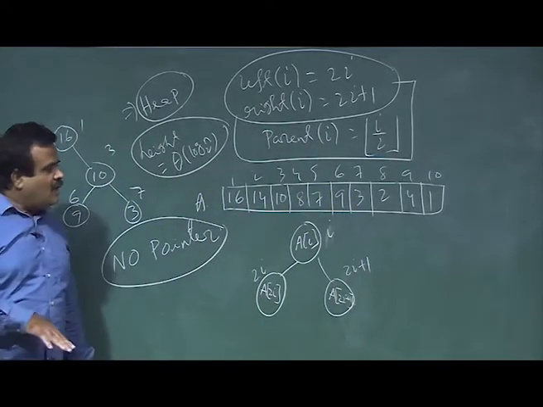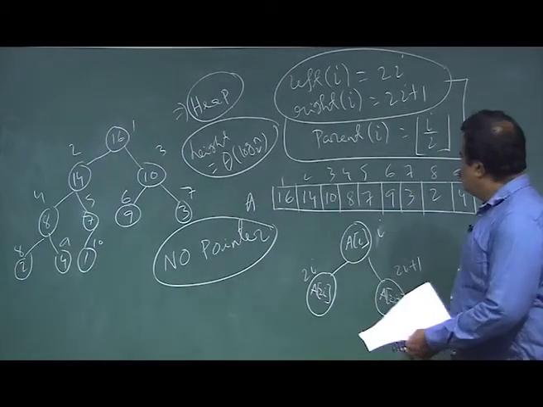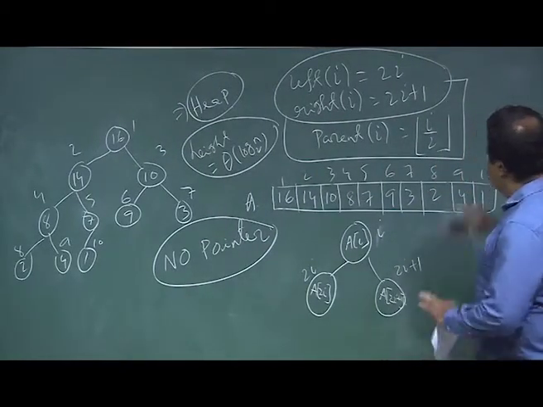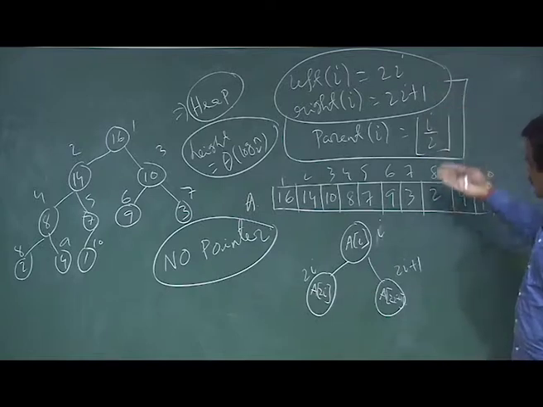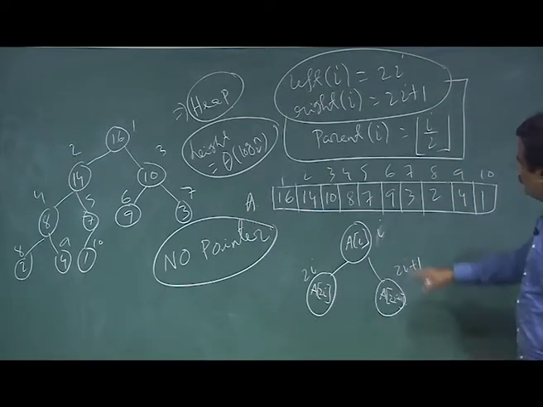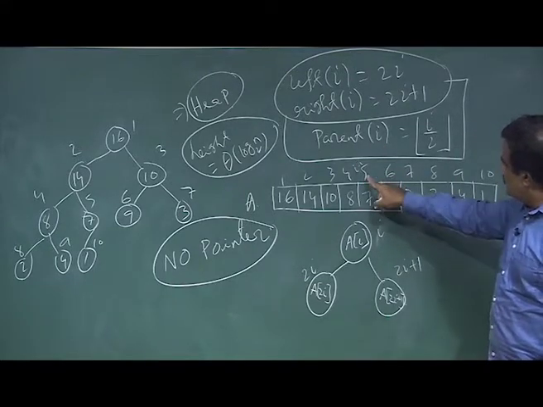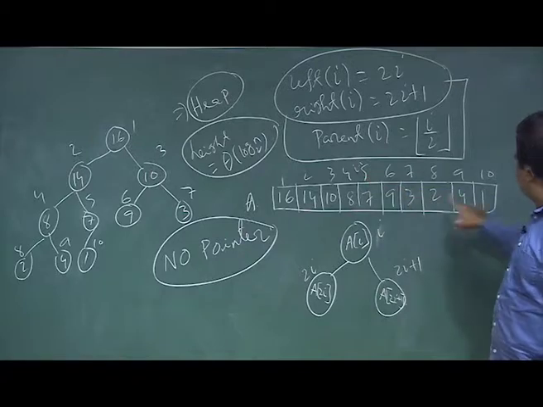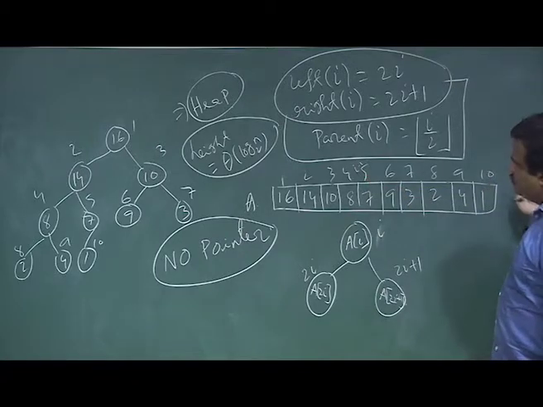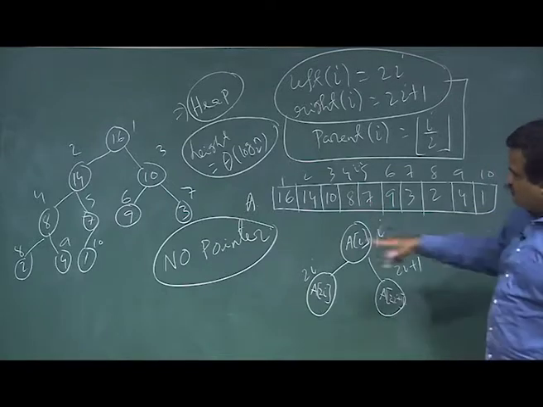Okay. Now, when do we call this heap a max heap? So this is the way we find the children. If you take this as I, then we know that the children are 2I and 2I plus 1. Here there is no 2I plus 1, so this 7 has only one child, which is 1.